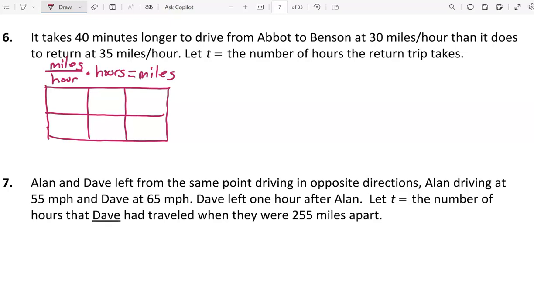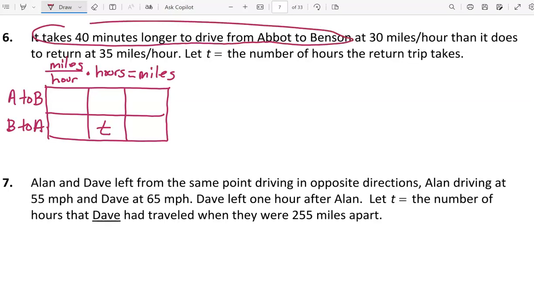And we have the trip from A to B, or Abbott to Benson, and then returning, that would be Benson to Abbott. And it says that t is the number of hours that the return trip takes. So t is going to go here in the number of hours for Benson to Abbott. What we also know is that it takes 40 minutes longer to go from Abbott to Benson than it does to return.